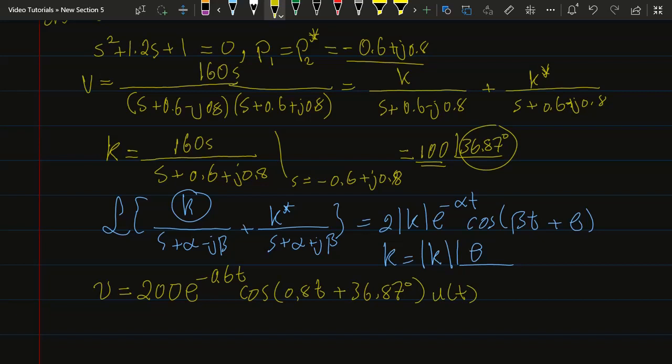You can either multiply this by u of t or write comma t more than 0, and the unit of course is in volts. So this is my answer for part D.